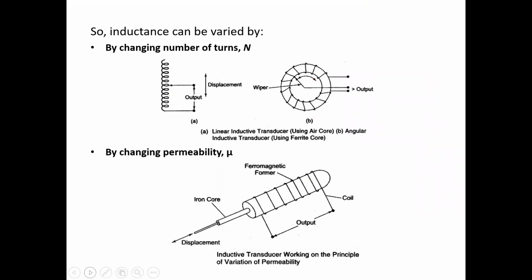With respect to that, one way of having an inductive transducer could be by varying or changing the number of turns of the coil. This mechanism is quite similar to the mechanism of linear potentiometers or rotary potentiometers.